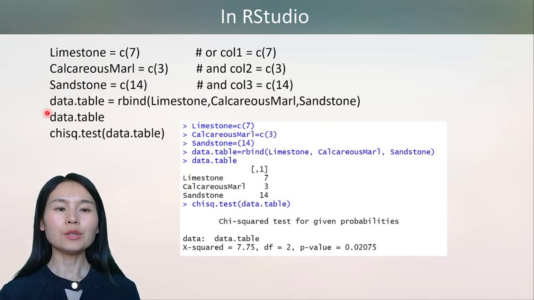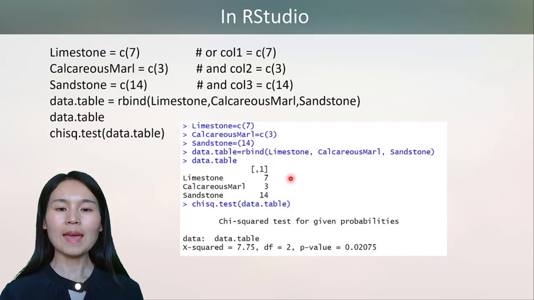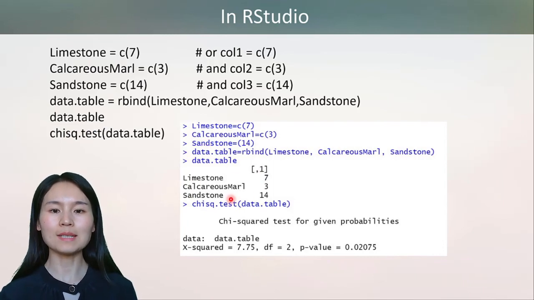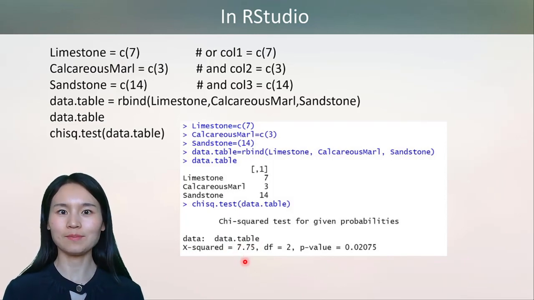Then you can print out this data table, which is this, and use chisq.test to calculate this table's chi-square statistic. This is the result, which is the same as what we just calculated.